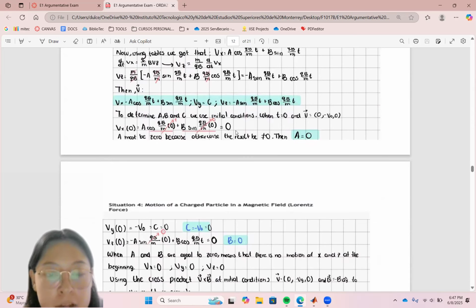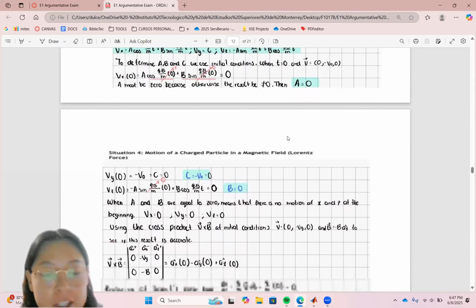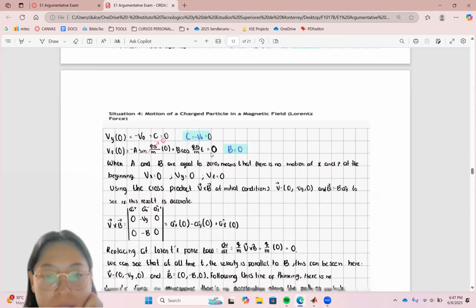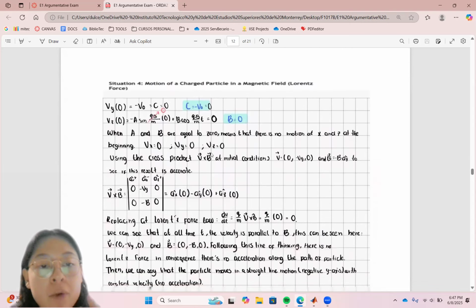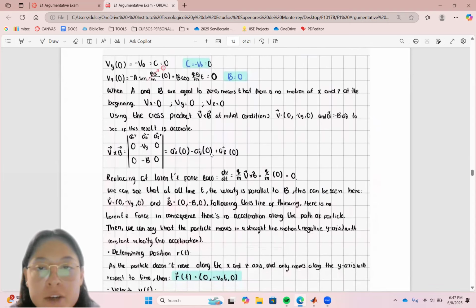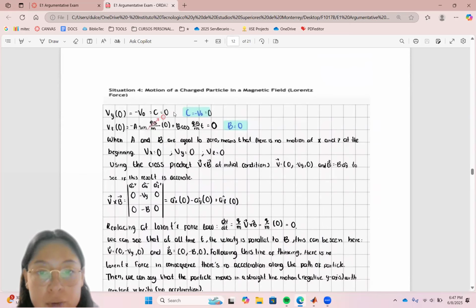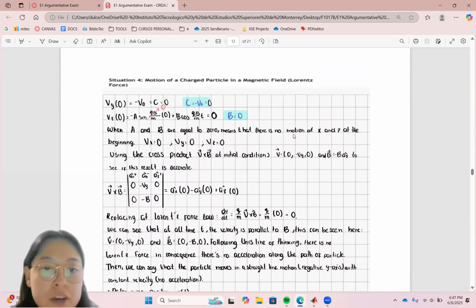And I replace my values. I obtain that A is equal to 0, and C is also equal to 0, and B as well. And when A and B are equal to 0, it means that there is no motion in x and z, because they were at the unit vectors of x and z at the beginning. So I obtained these values.